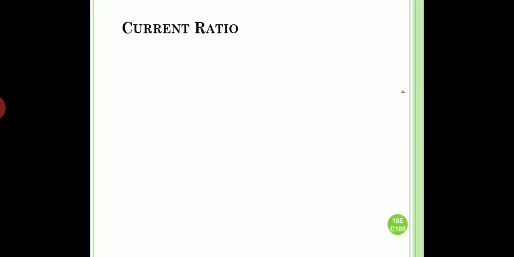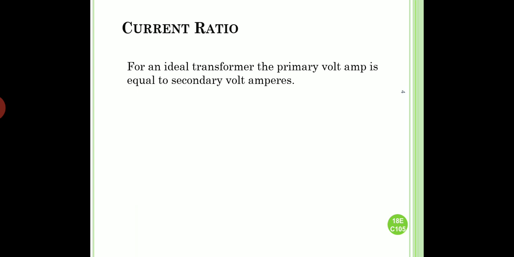The current ratio is, for an ideal transformer, the primary volt ampere is equal to the secondary volt amperes. So we are talking about power, because this is a source of power going to give us energy.